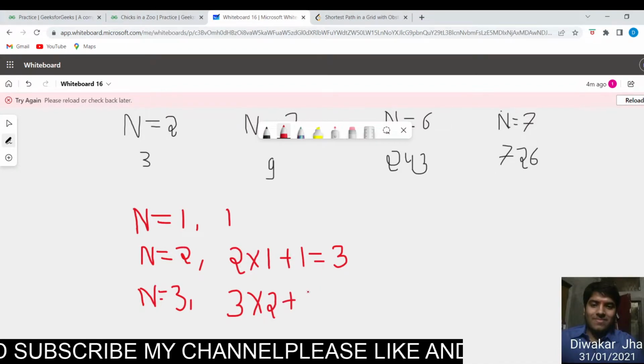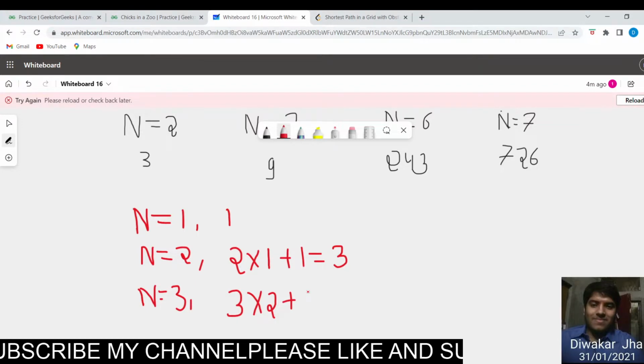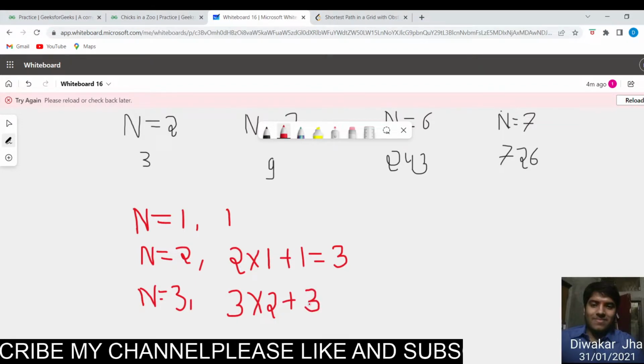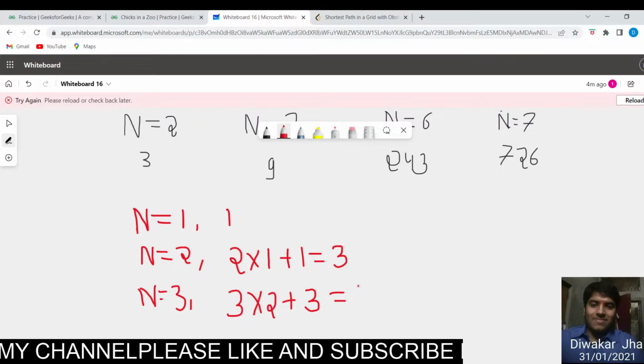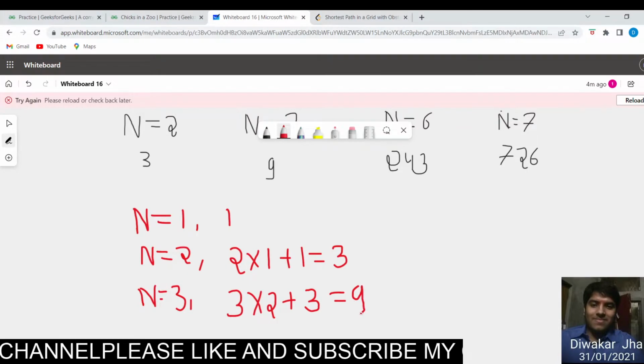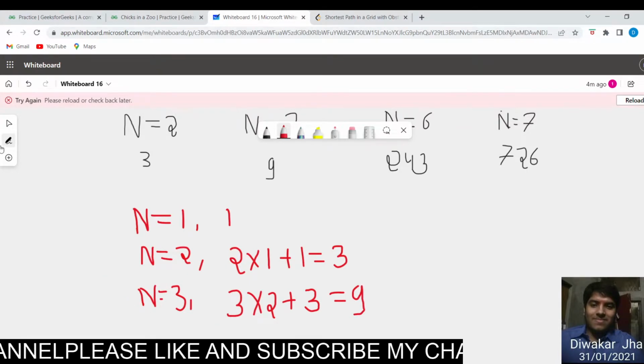The previous chicks are 3. So our calculation gives 9. So this is our value, 9.